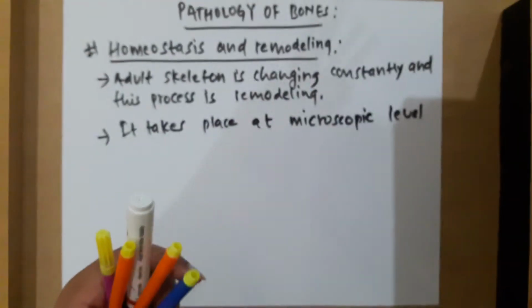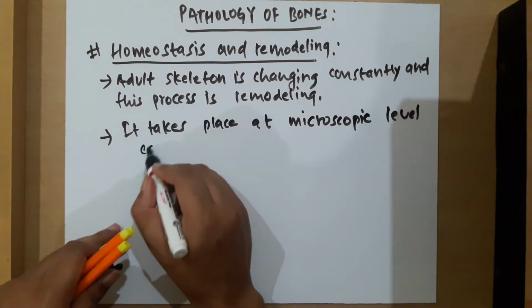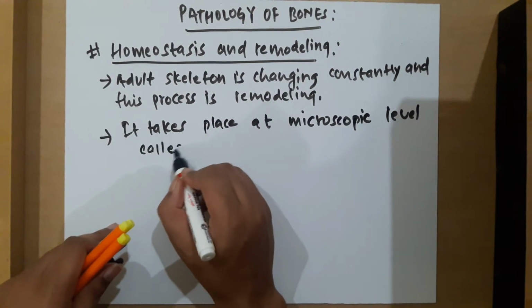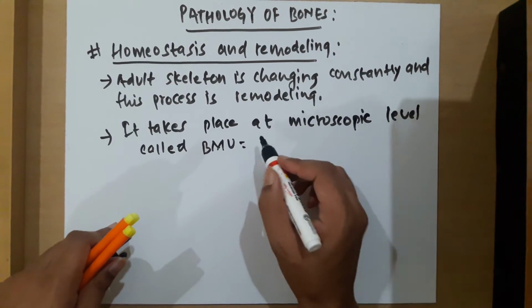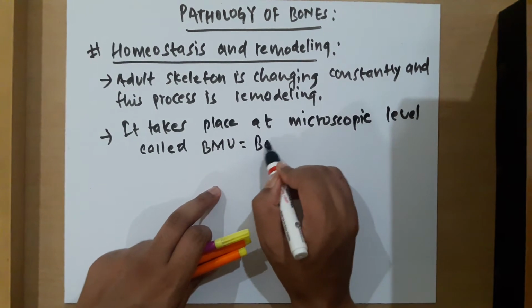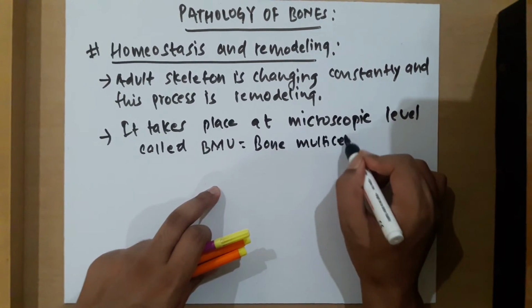Okay, so let's continue. It takes place at microscopic level, called as BMU. Okay, and BMU full form is the bone multicellular unit.